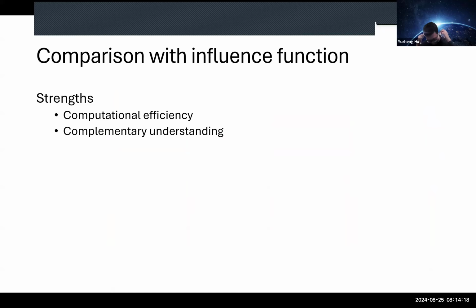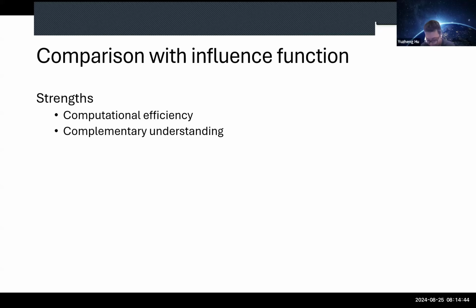Okay, so let us do a summary of this representative point selection. I'll mostly compare it to influence function, because for a very long time, representative point selection and influence function have been the 2 classical approaches in data attribution. The strength of representative point selection, one obvious one, is computational efficiency.